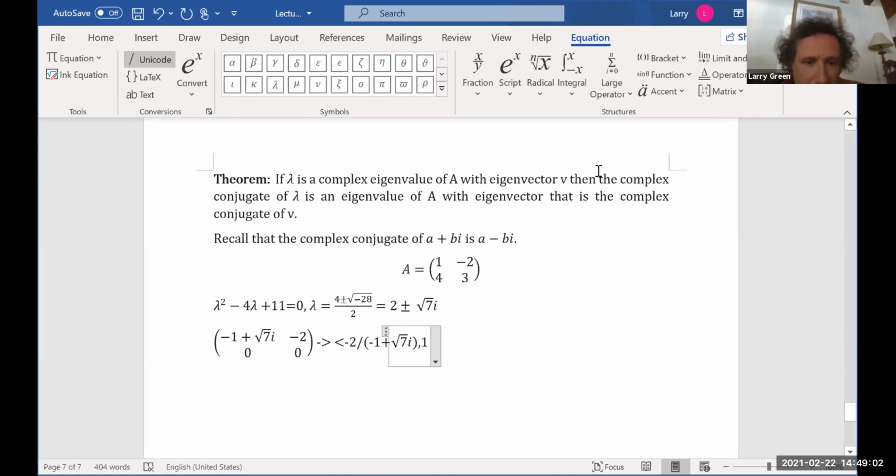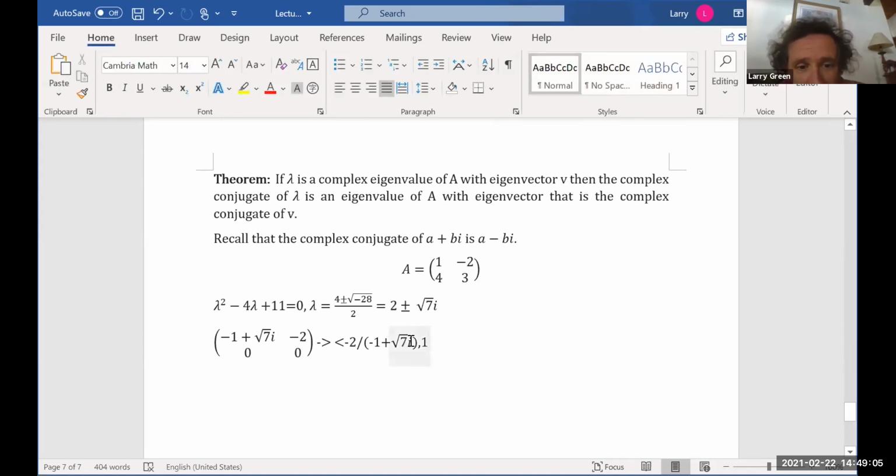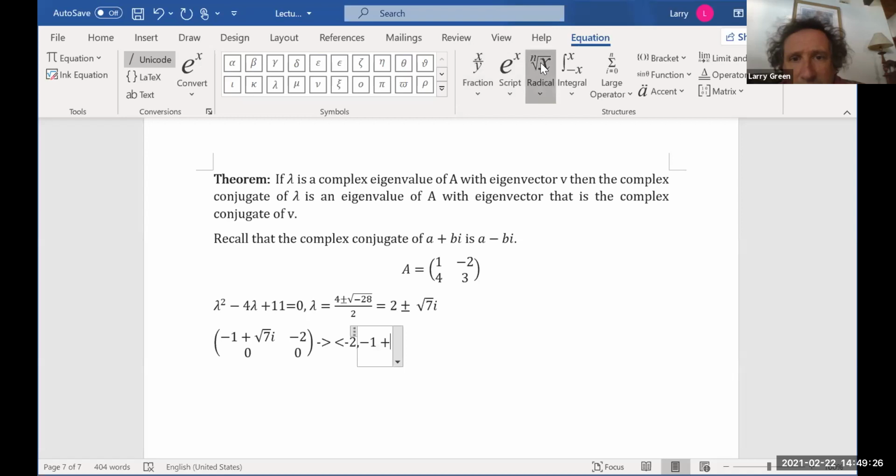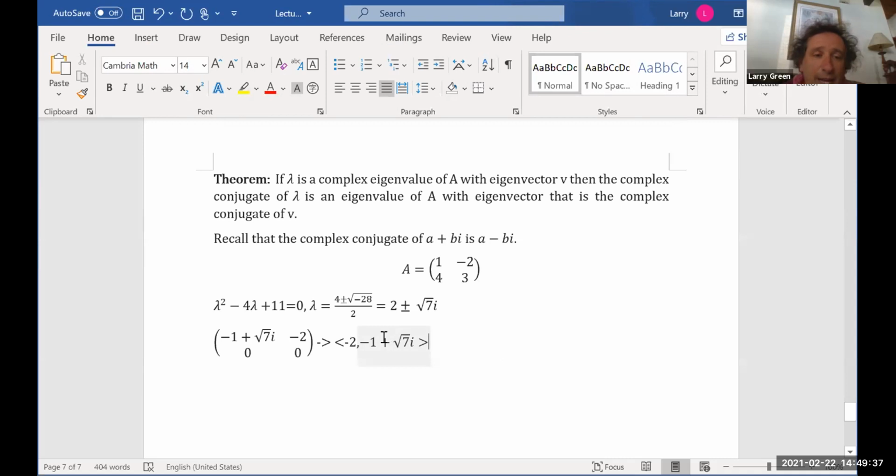Okay, or easier if you want, instead of setting it equal to 1, let's set it equal to negative 1 plus root 7i. And then we get that. Okay, and there's my eigenvector corresponding to 2 minus root 7i.